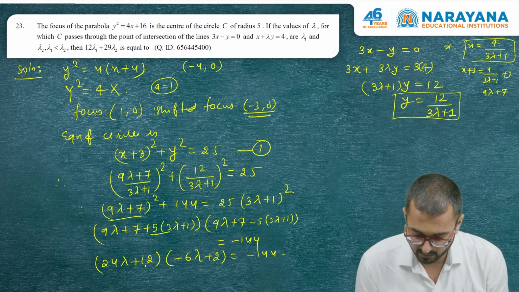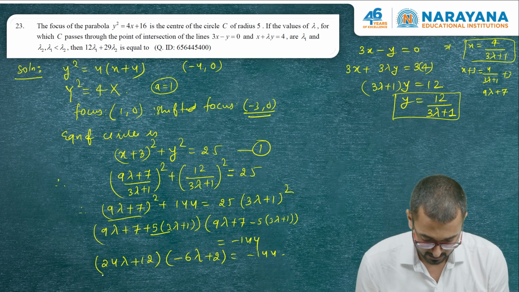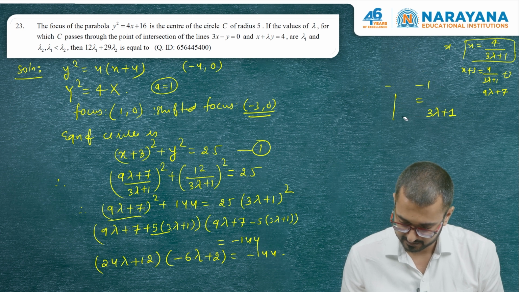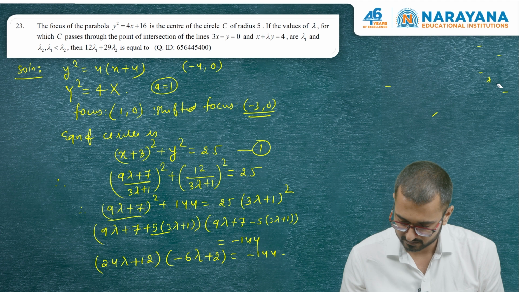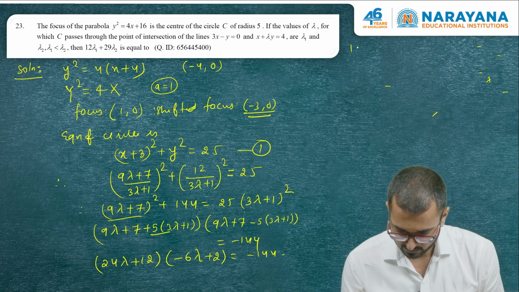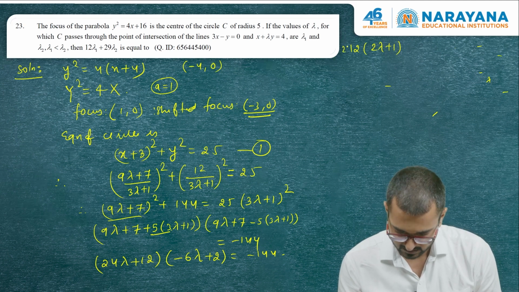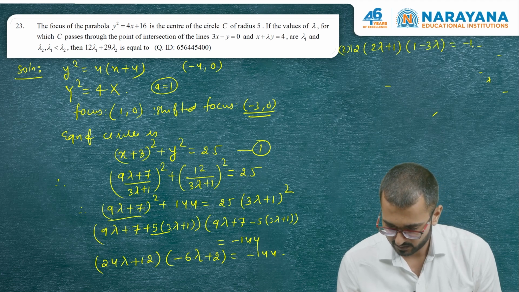So let us take 12 common from here and 2 common from here. Take 12 common, so I'll be getting 2 lambda plus 1, and take 2 common, so I'll be getting 1 minus 3 lambda is equal to minus 144.